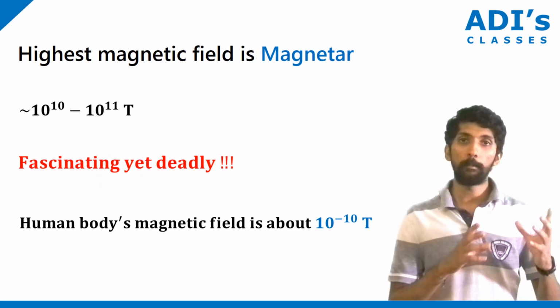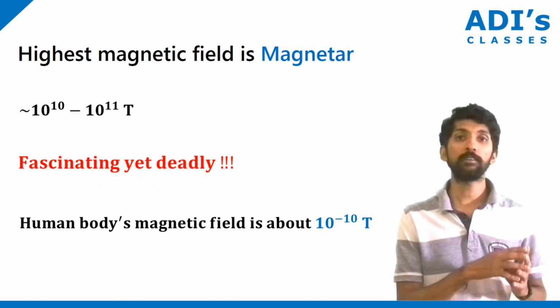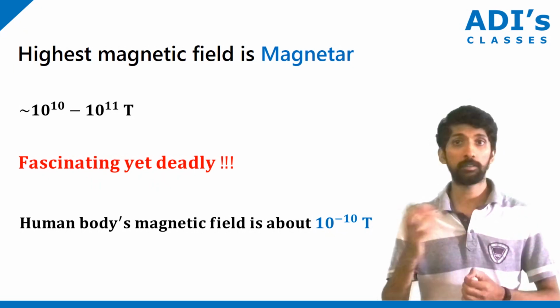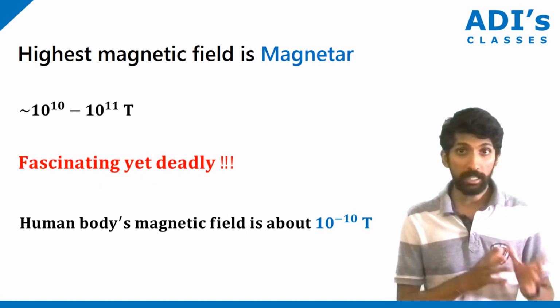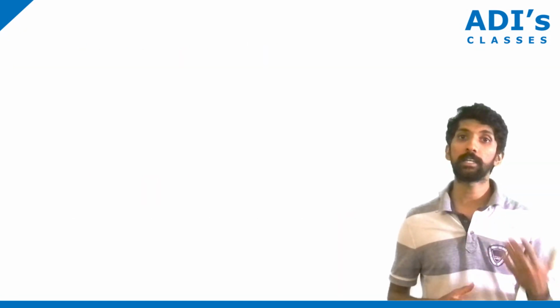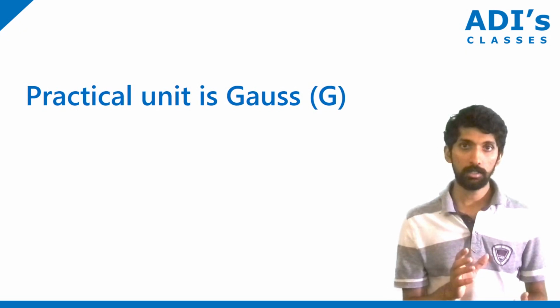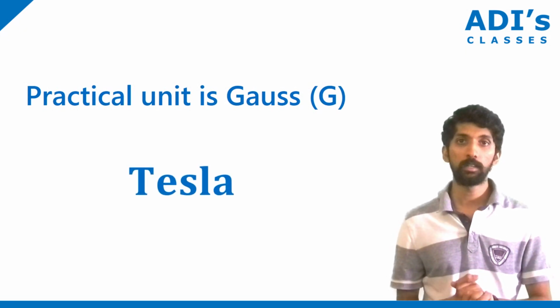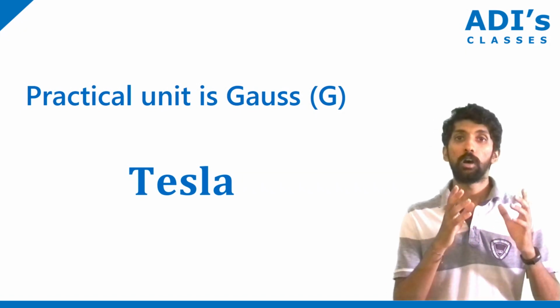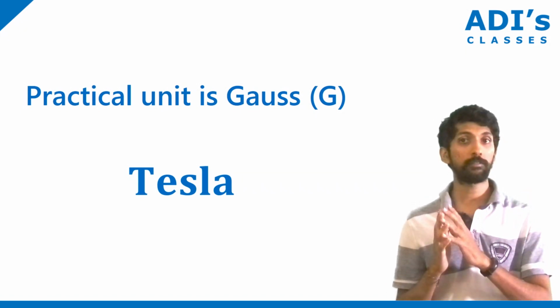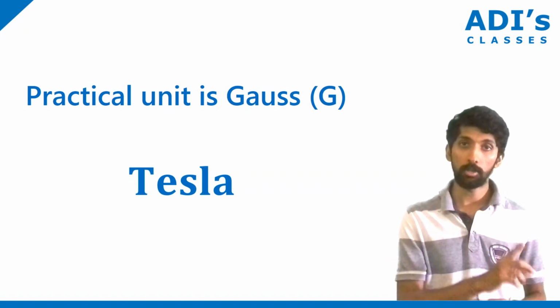So magnetic field can vary from a small atom to the biggest stars. Whenever we are defining magnetic field, we usually use Gauss, because that's more of a practical unit, but the SI unit is Tesla. We define the SI unit of magnetic field using Lorentz force.